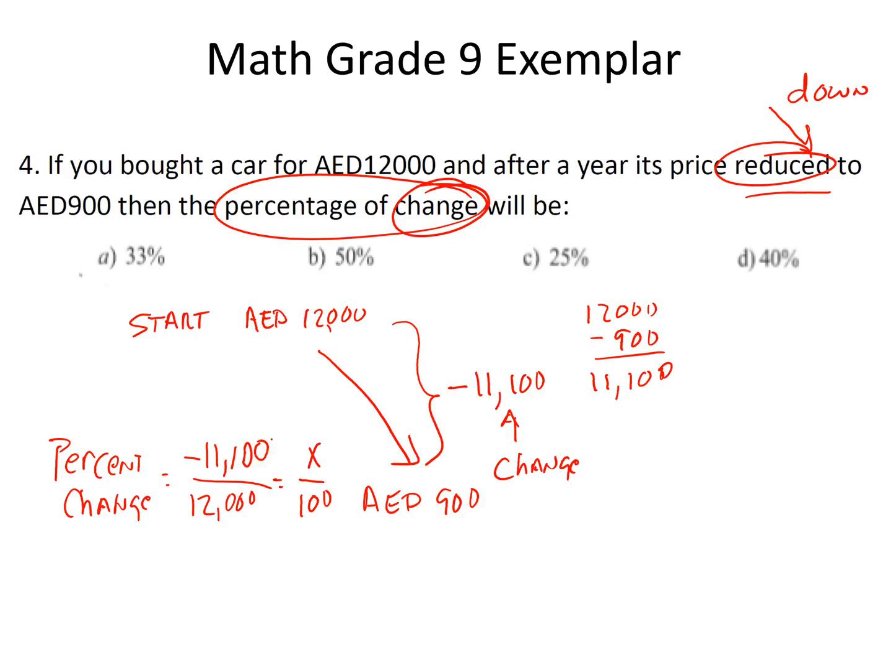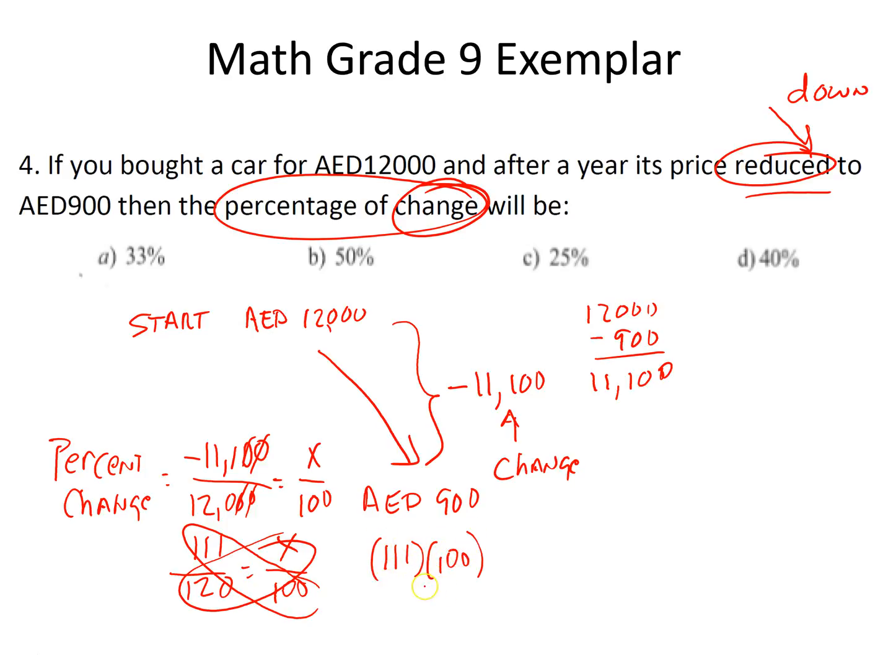Now, none of these answers are correct, but I'm going to finish this problem anyway. So this cancels, that cancels, that cancels, that cancels. So I get 111 over 120 equals x over 100. I'm going to cross multiply and divide. So I get 111 times 100 equals 120 times x.